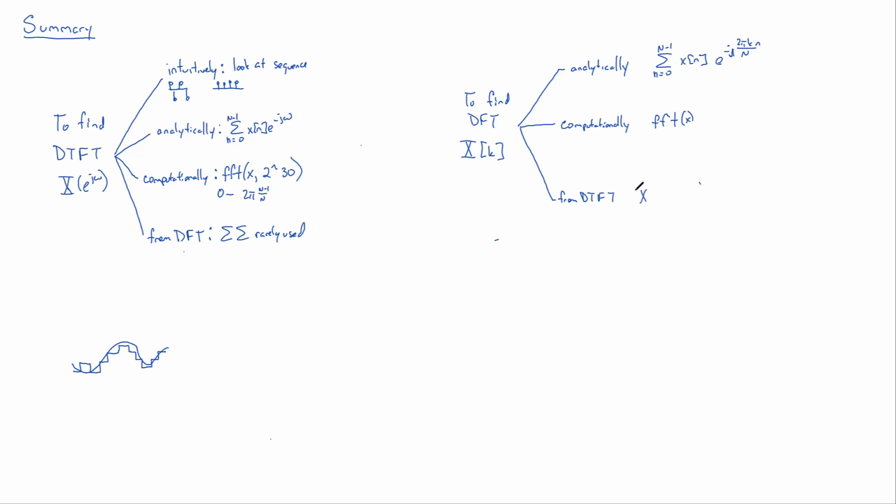You take your X of e to the j omega, your DTFT, and you just sample it at every omega equals 2 pi k over N. Let me write that more neatly. For k equals 0, 1, and so on, all the way up to capital N minus 1. All right, that's this lesson in a nutshell.